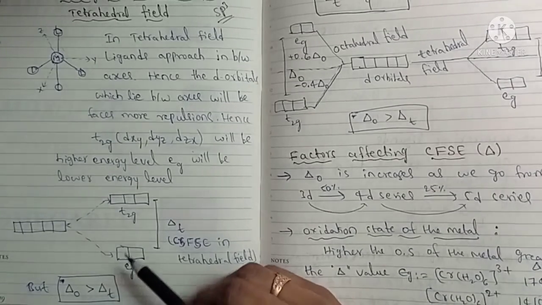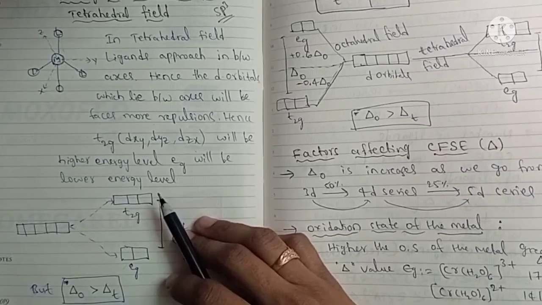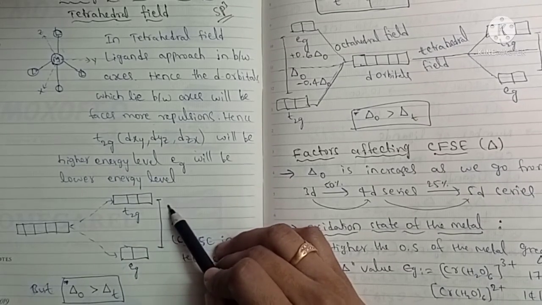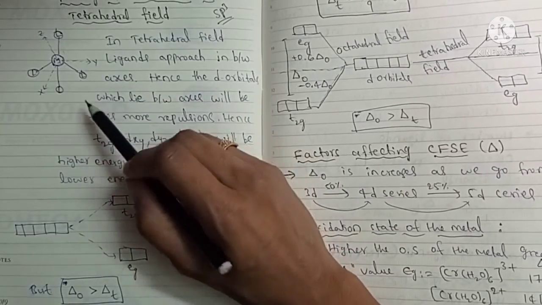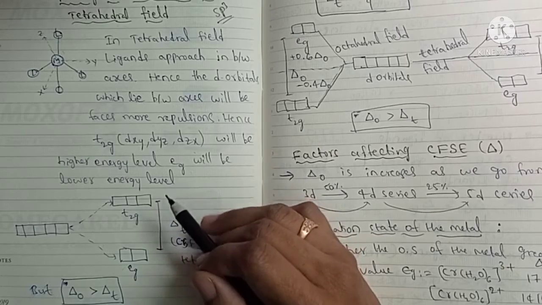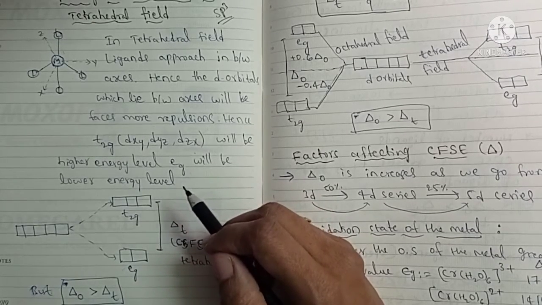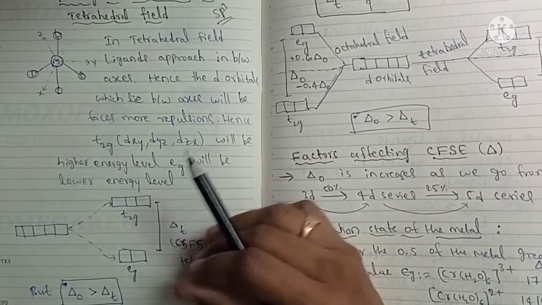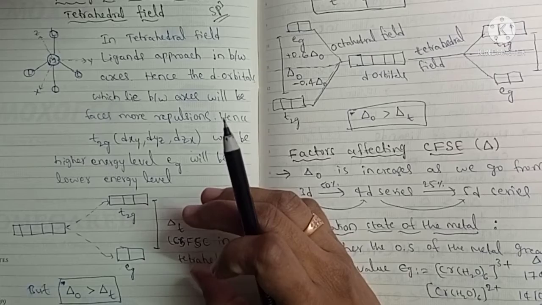This is because in an octahedral field 6 ligands approach the metal ion, while in a tetrahedral field only 4 ligands approach the metal ion. Compared to 6 ligands, 4 ligands will cause less repulsion, and 6 ligands will cause more repulsion. More ligands means more splitting, and fewer ligands means less splitting.